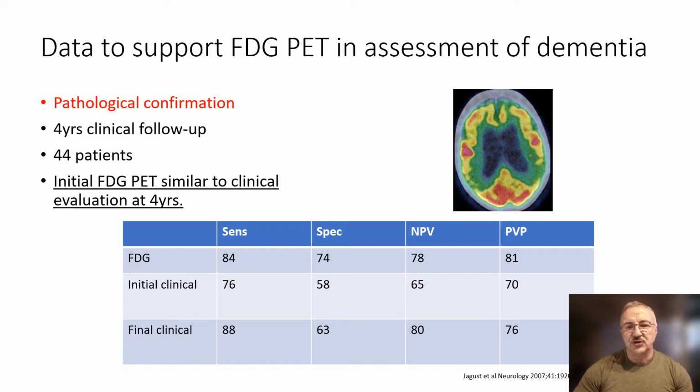So the FDG PET-CT today is as good as the clinical assessment in 4 years' time. And this is one of the big advantages of imaging early in a disease. And we've already discussed why it's important for people to get an early scan.